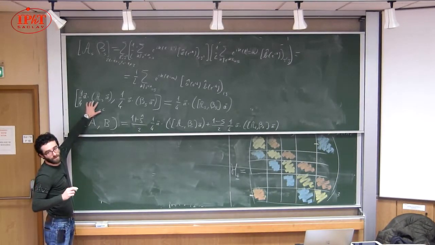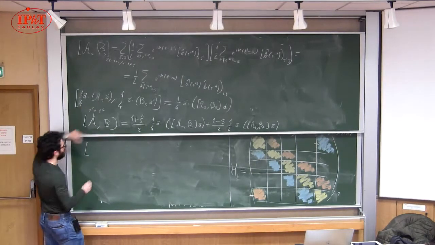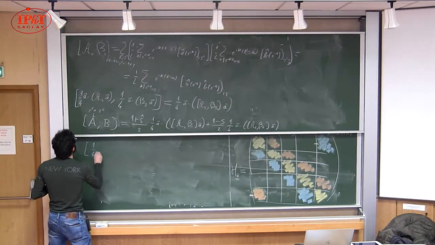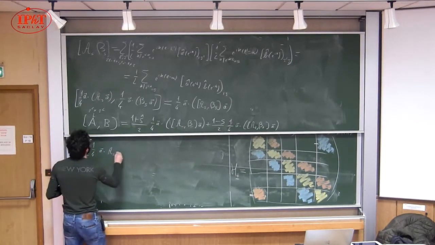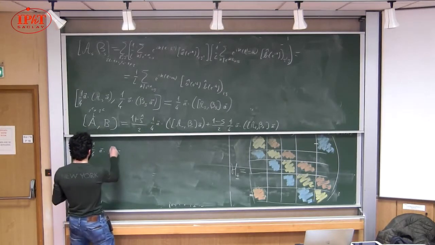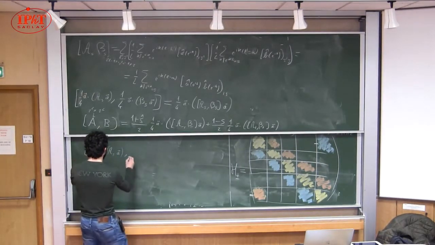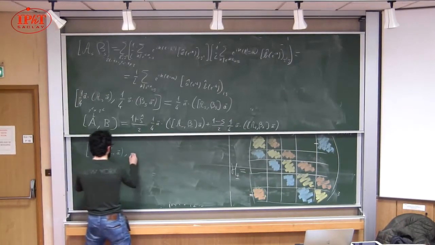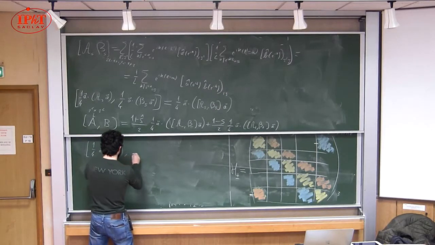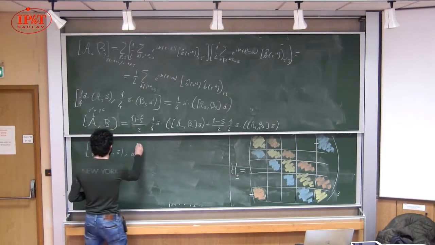We consider the commutator between an operator of this form, again a quadratic form of fermions, A S A, and something written in this form, a linear combination of Majorana fermions.